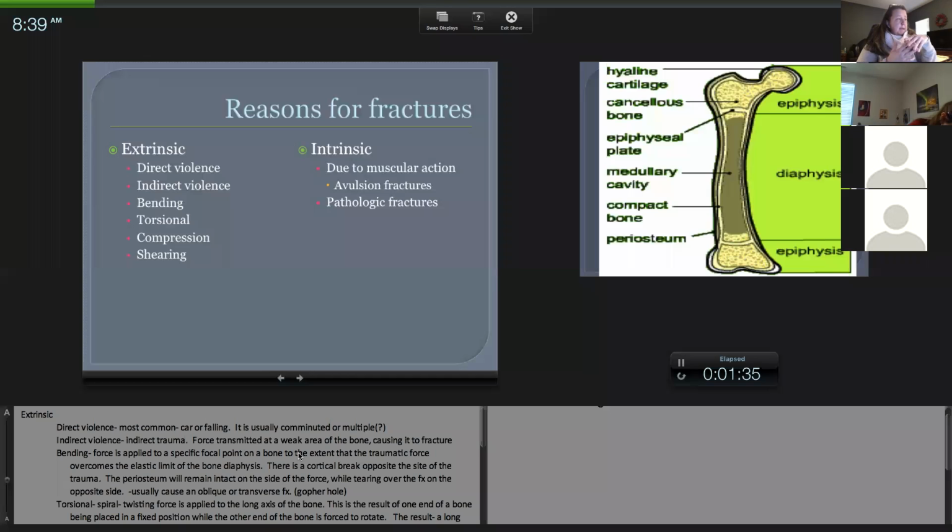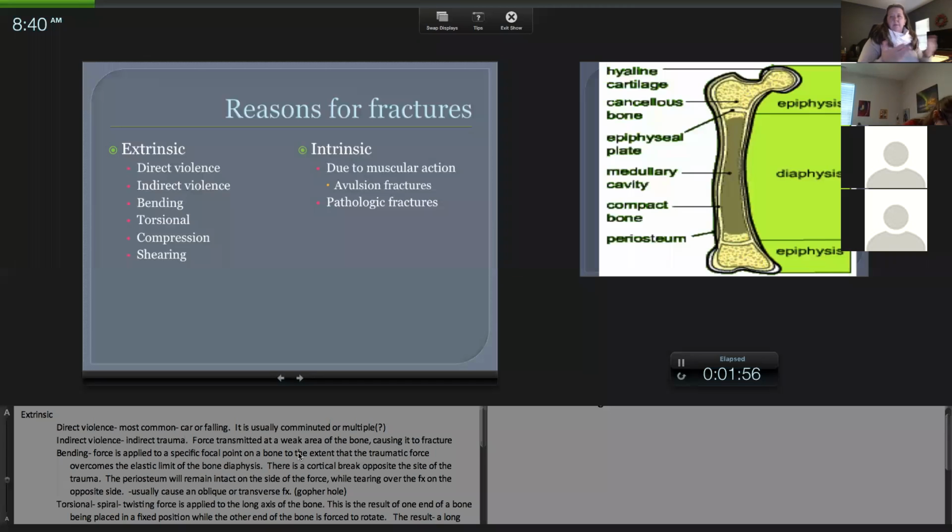There is bending, and this is when, think about them landing, and because of the force put forward, it can actually cause a bend in the bone and a break. And torsional is if there was a twist, if they landed with a twist.